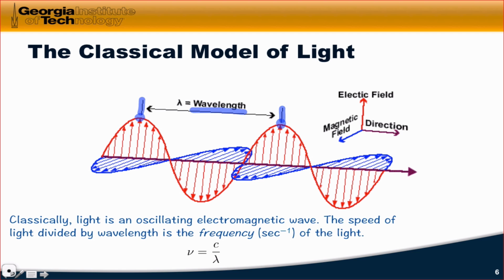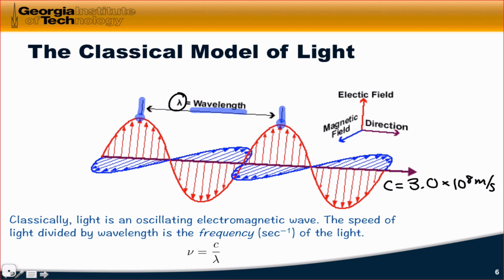For light, this can span a huge range, as we'll see shortly, and that's denoted using the symbol lambda. The speed with which the entire wave moves through space is known as the speed of light and usually denoted with the letter c, and you may be aware that this is somewhere in the neighborhood of 3 times 10 to the 8th meters per second. Extremely fast, which is of course consistent with our empirical experience.